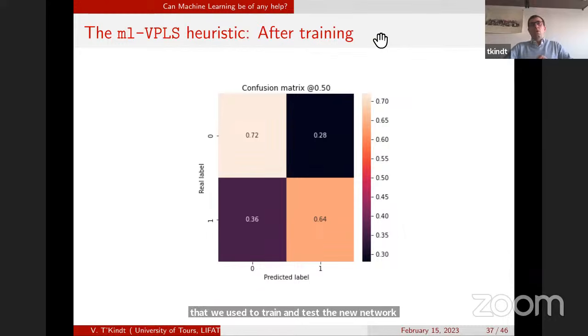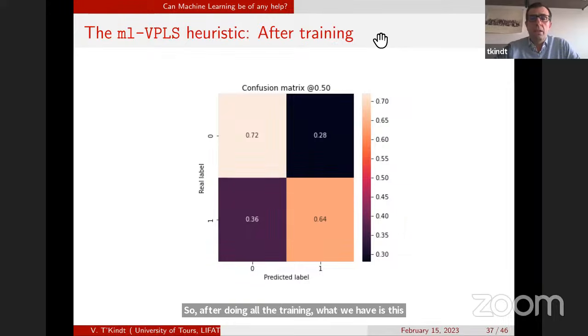So after doing all the training, what we have is this confusion matrix. It reads like that. If I have a window that doesn't re-optimize for a given solution, 72% of the time my predictor said, don't re-optimize. That's not bad, okay? That's not fantastic, but it's not terrible.